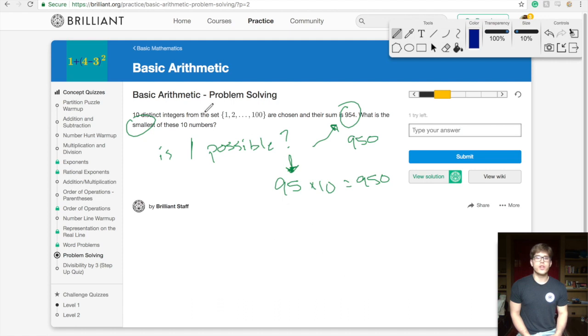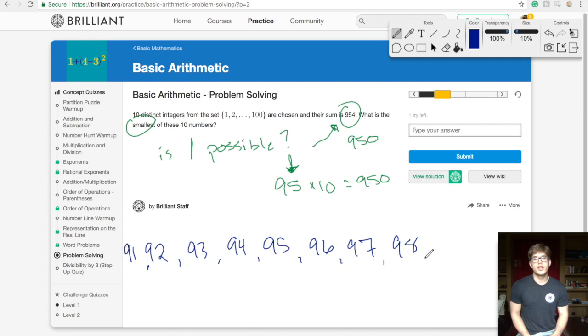So let me construct a number line with 95 in the middle, and hopefully you can see my thought process. We could have 95, then 94 on this side, 96 on this side, 93, 97, 92, 98, 91, 99.